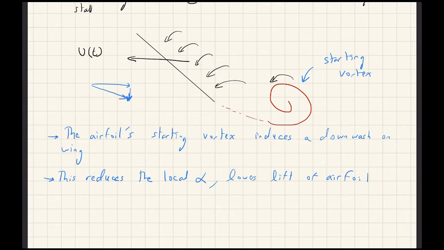So rather than the free stream hitting your wing at this angle of attack, this change of direction causes it to hit the wing at an angle, reducing that angle of attack. So if we said that this is alpha 2 and this is alpha 1, alpha 2 is less than alpha 1.